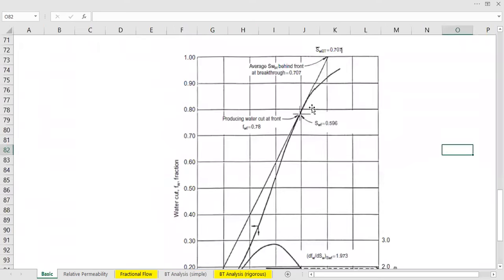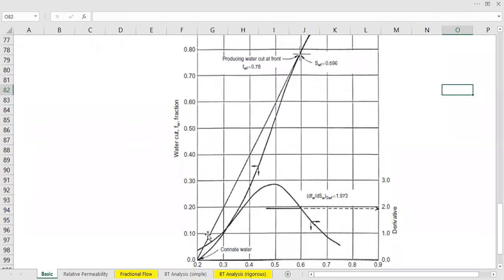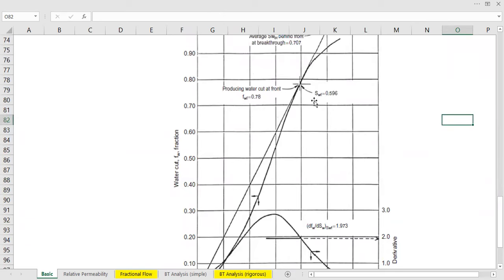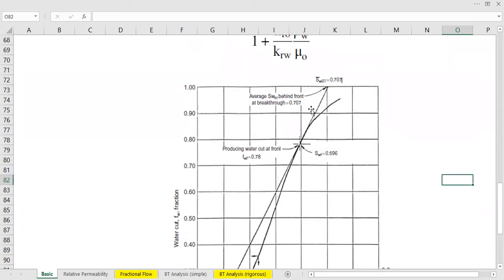We have the fractional flow curve, we have the tangent line, and the meeting point between the tangent line and the fractional flow curve produces the water cut at front, this is the water saturation at front, and this is the average water saturation behind the front at breakthrough.